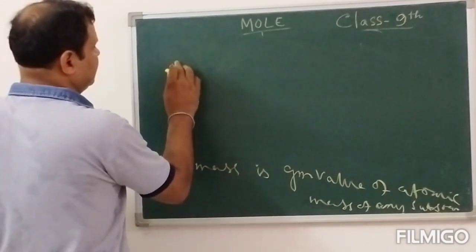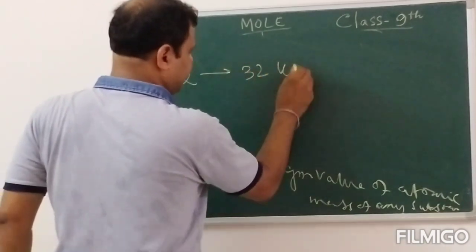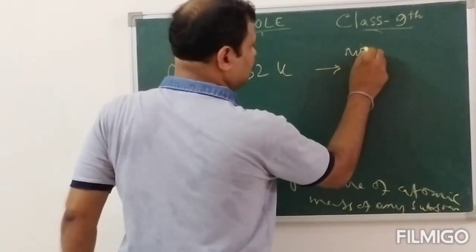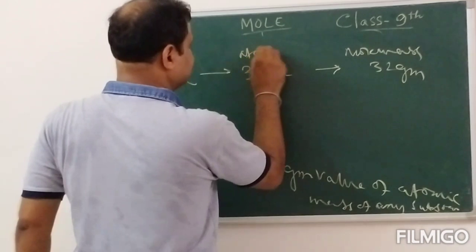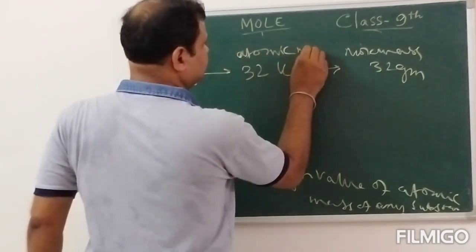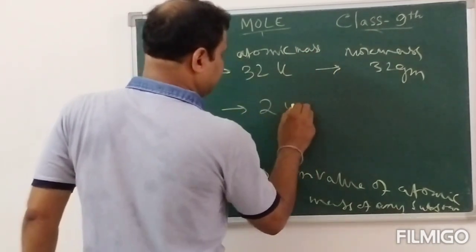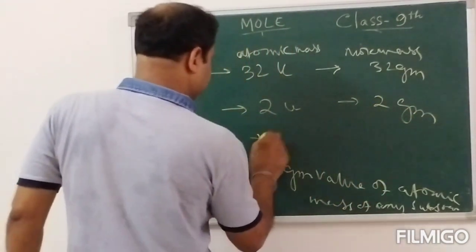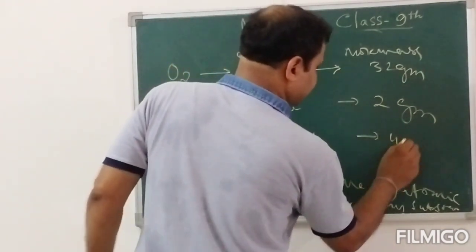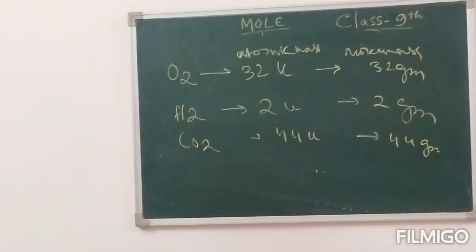For the oxygen molecule, the mass is 32 units, so the mole mass will be 32 grams. For the hydrogen molecule, it is 2 units, so it will be 2 grams. For the carbon dioxide molecule, the mass is 44 units, and it will be 44 grams. So student, I think you have understood it. Thank you.